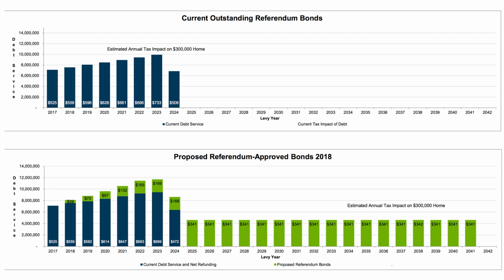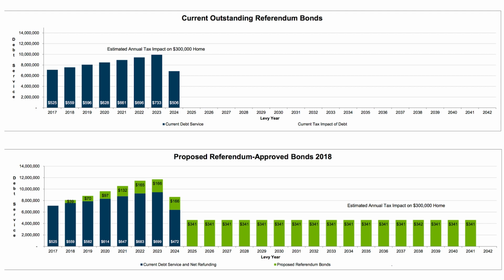Again, in consideration of option A, the graphic below illustrates how that would look. The graph above represents our current debt service and how it's increasing currently as is through 2023 to $733, with a decrease in 2024 of $506, and then there would be a windfall in 2025 where that would fall out.